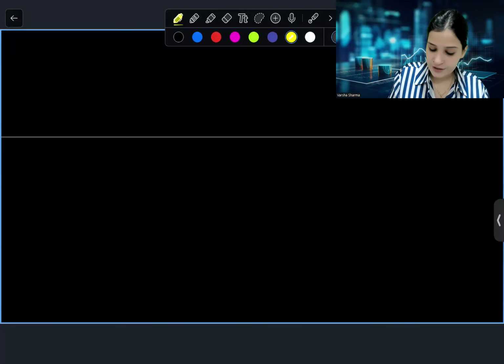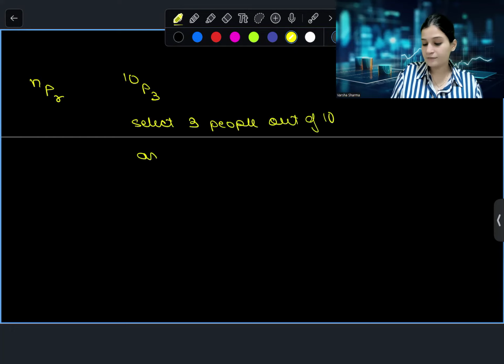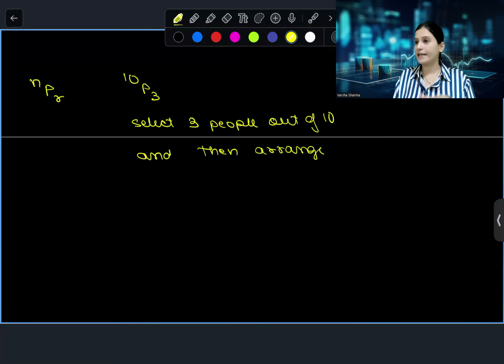When we are doing permutation, if it is nPr, for example 10P3, this means select 3 people out of 10 and then arrange the 3 people. So when you use permutation, we are basically doing first selection and then arrangement.